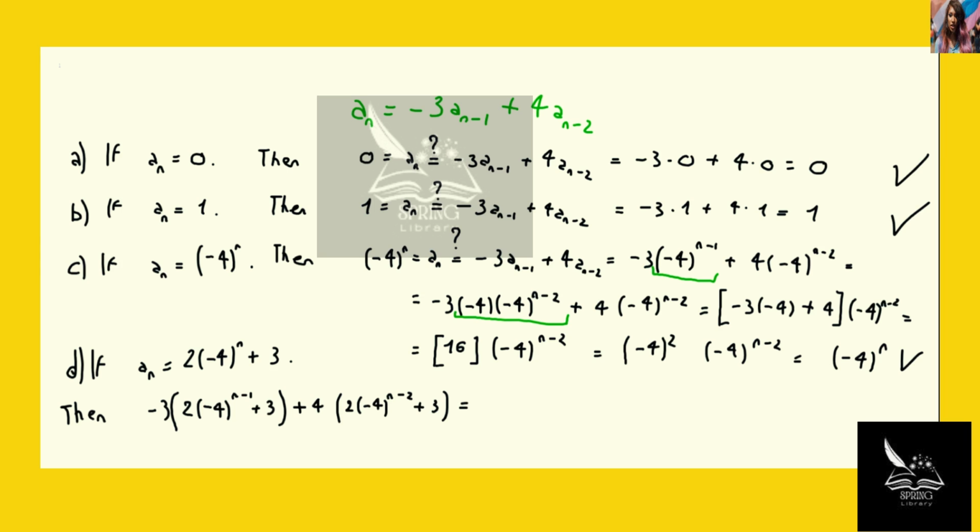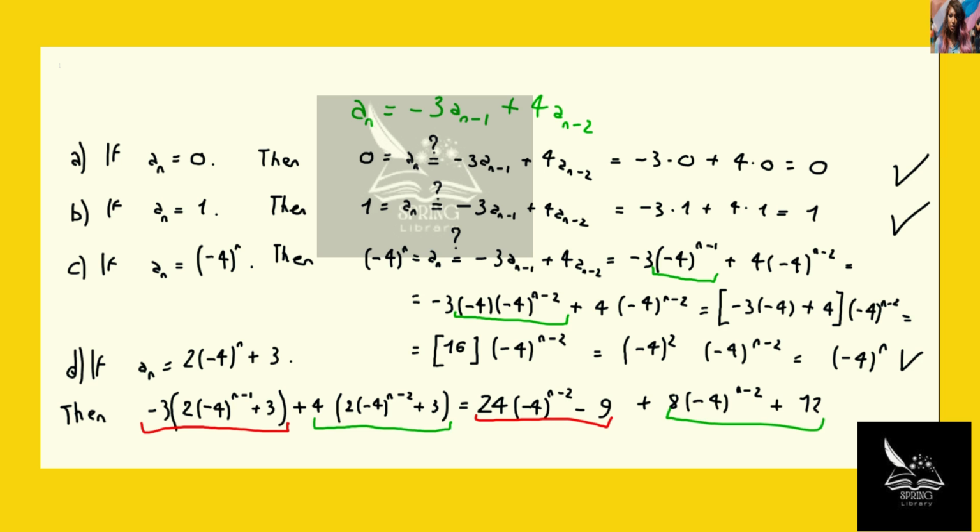So similarly, it's a trick of recognizing (-4)^{n-1} as a product. So the first bracket becomes 24 times (-4)^{n-2} minus 9, and the second bracket is 8 times (-4)^{n-2} plus 12.